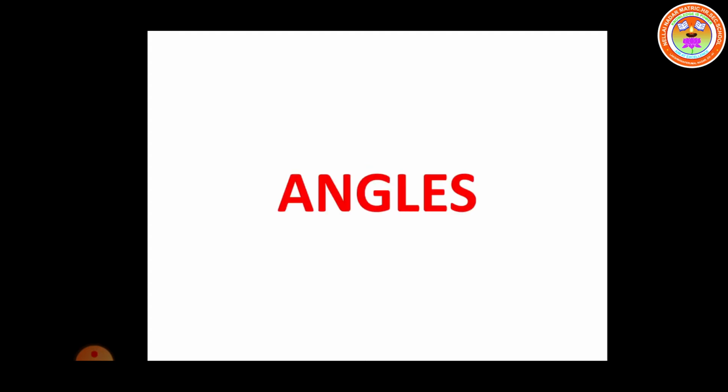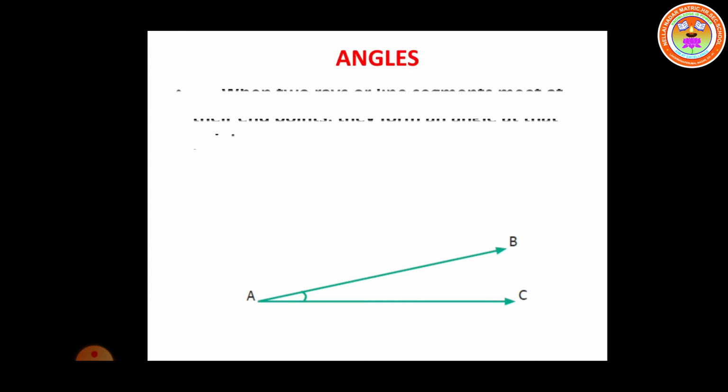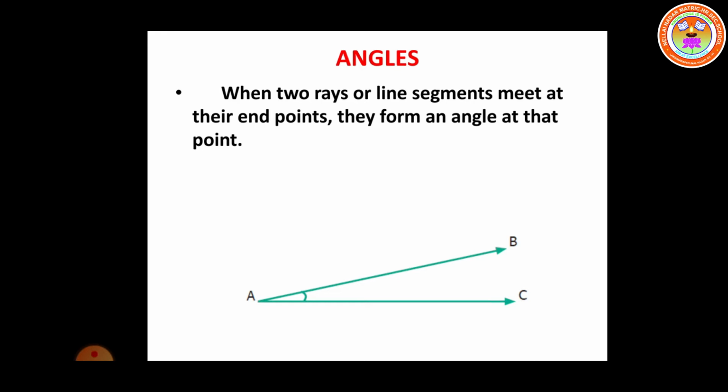Now let us see angles. See the given diagram. When two rays or line segments meet at their endpoints, they form an angle at that point.